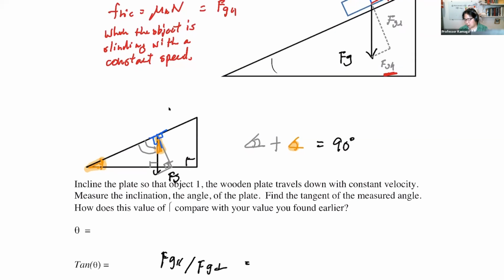And we know that Fg parallel is equal to mu K n. That's equal to the kinetic friction force.